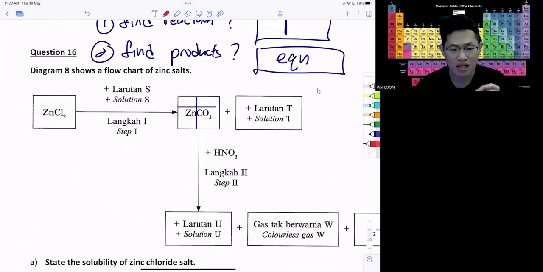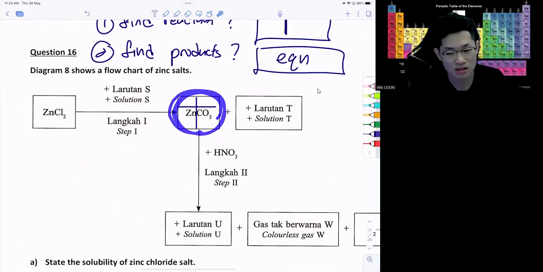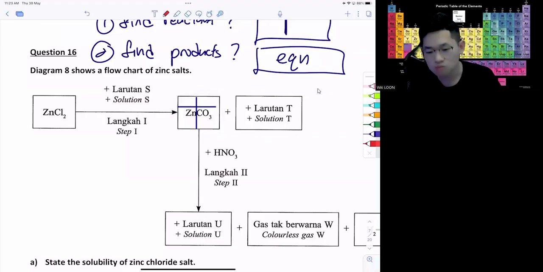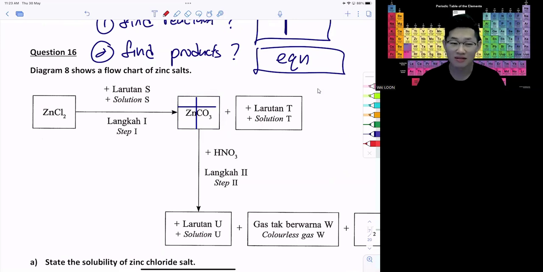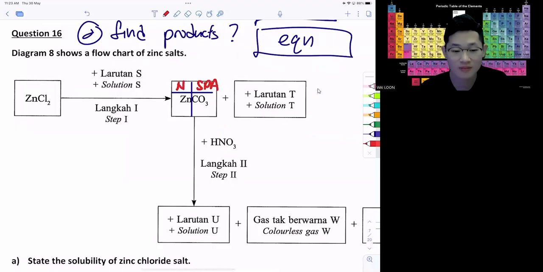So zinc carbonate, soluble or insoluble? It's insoluble. Insoluble, so we use the N-spa cross.